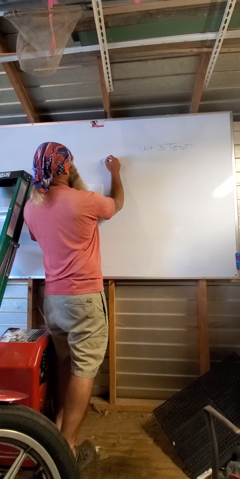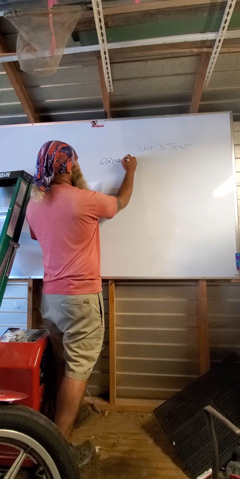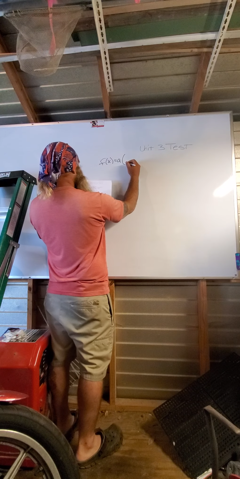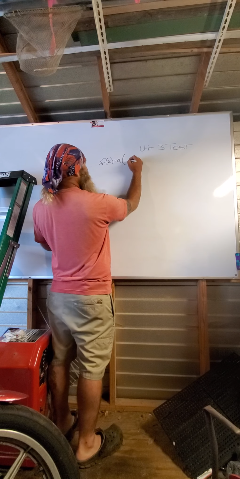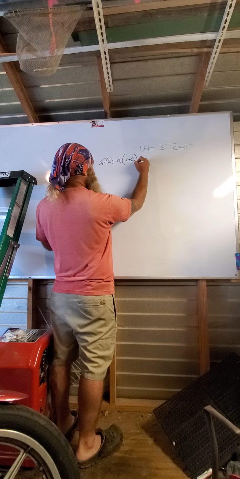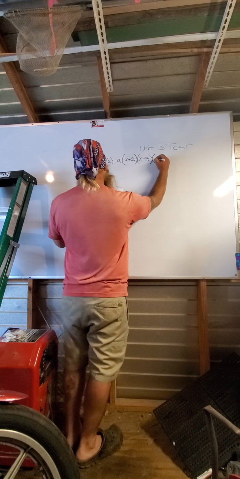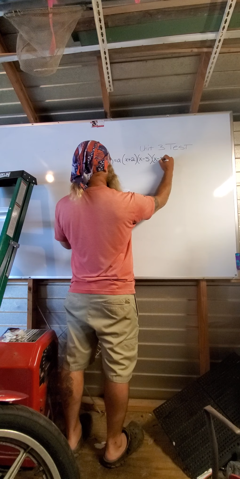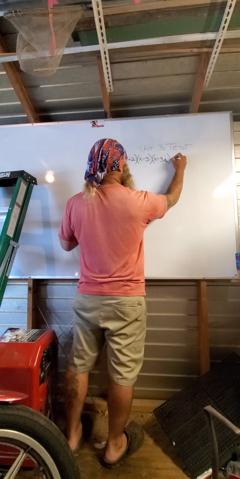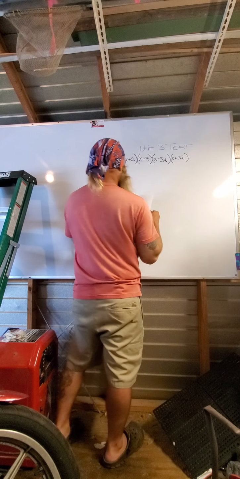So we're going to start off with f of x equals a, times our zeros, so we have x plus 2, x minus 5, and then we have x minus 3i, and then x plus 3i.